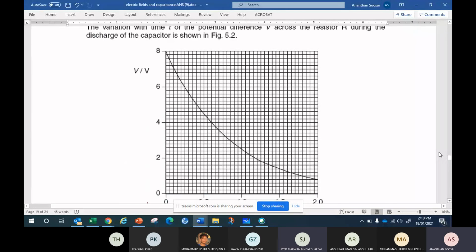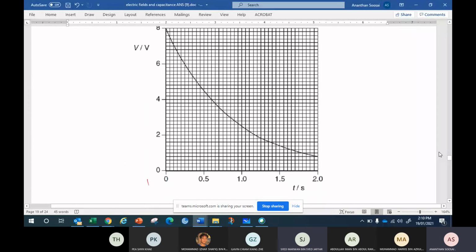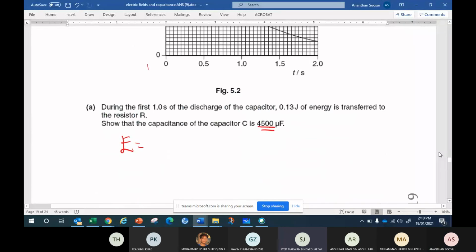So it's half CV squared. Half CV squared final minus half CV squared initial, right?